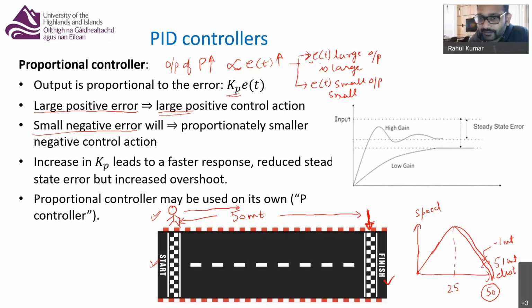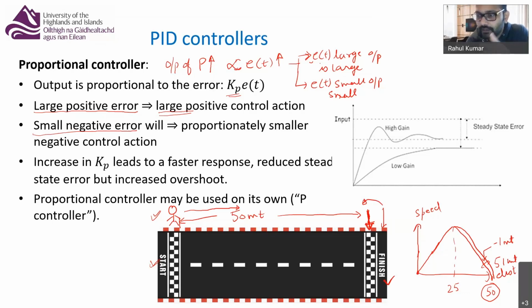So the output produced by your proportional controller will also be very small, isn't it? For large error, the output is large. For small error, the output will be small. So to rectify or to come back to the finish point, it will be very slow, right?